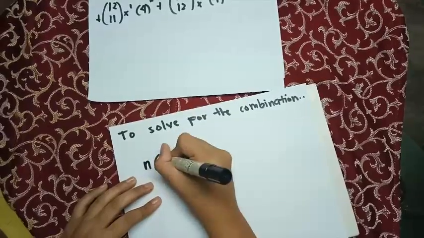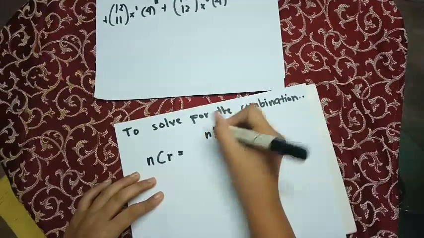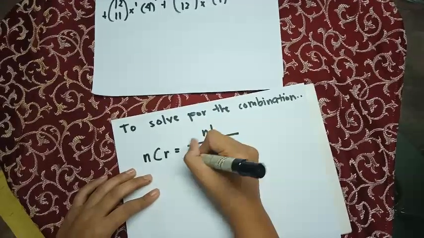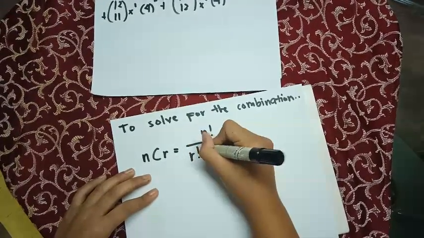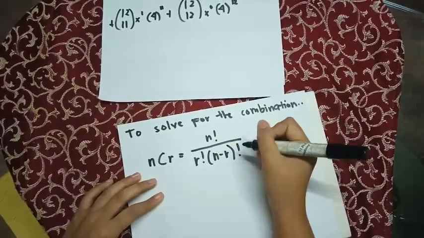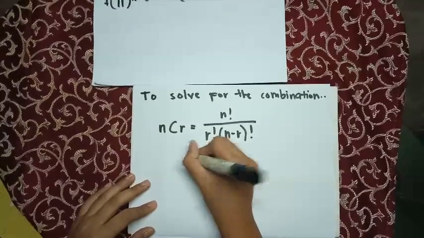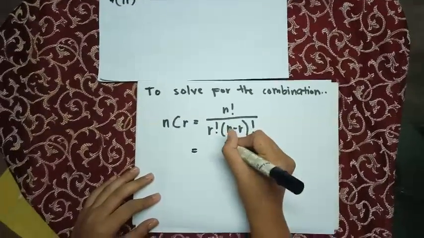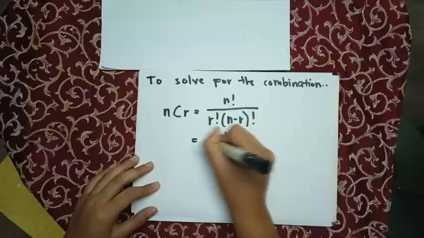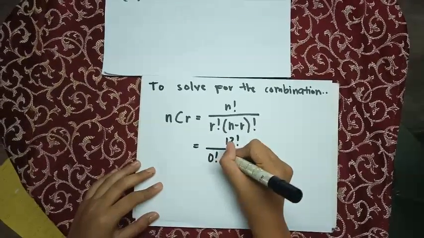So we're going to substitute where our 12 is the n and the 0 is the r, where 0 is up to 12. So 12 factorial over 0 factorial times the quantity of 12 minus 0 factorial, and so on.